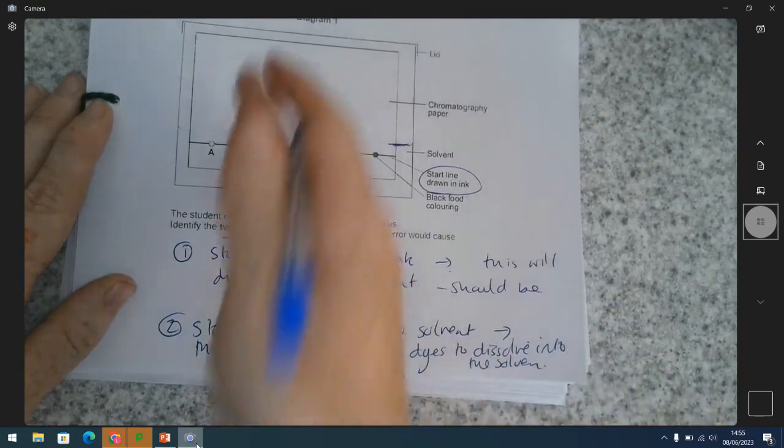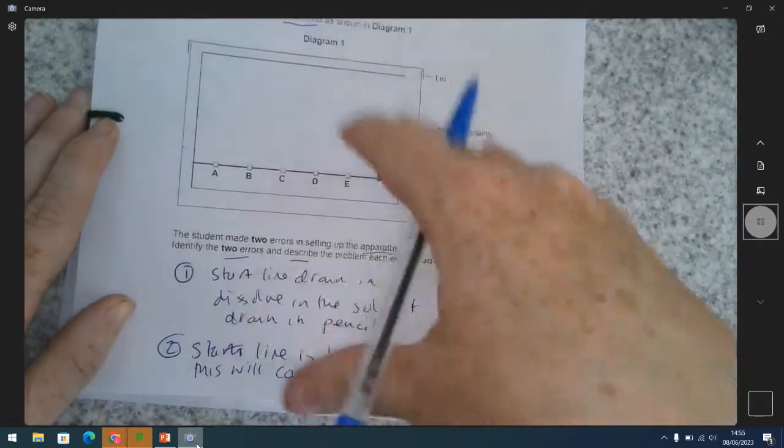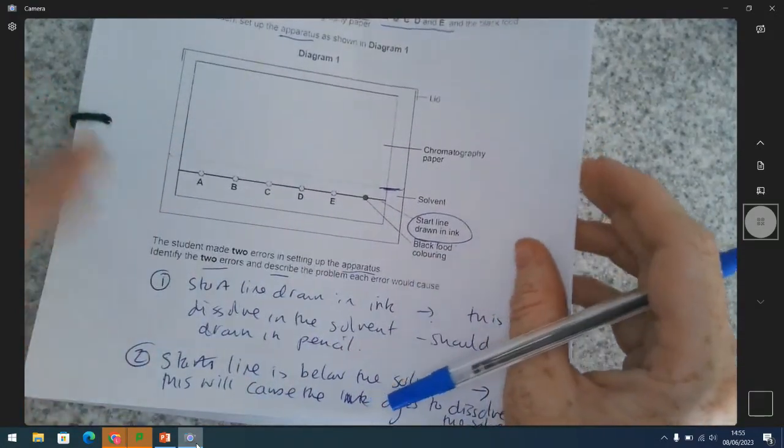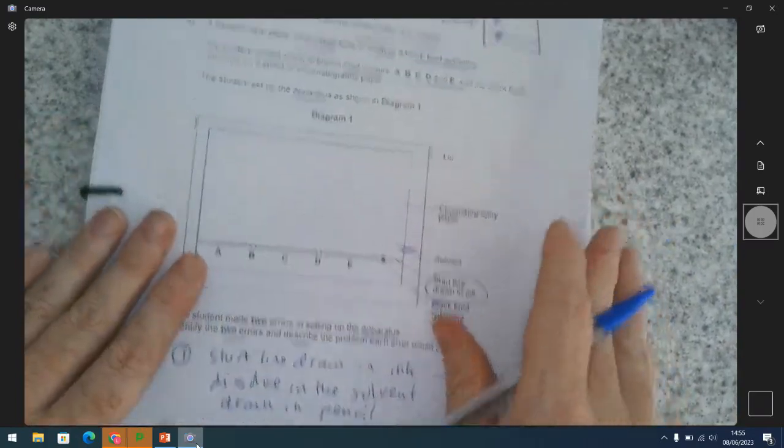And as such, they will not move up through the paper. So you might get asked questions about spotting mistakes, if you've not got a 6 marker, being able to write a method. It could be a sort of looking at the methods and breaking down mistakes that have been made.